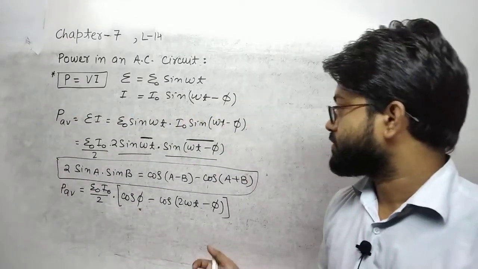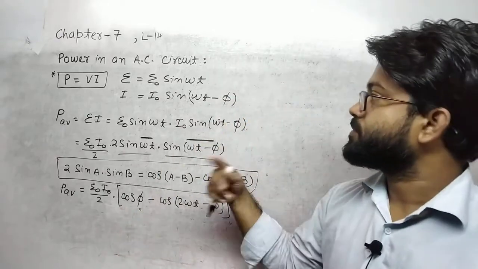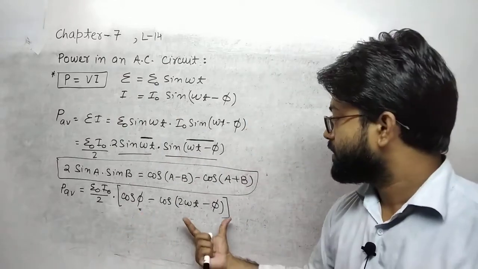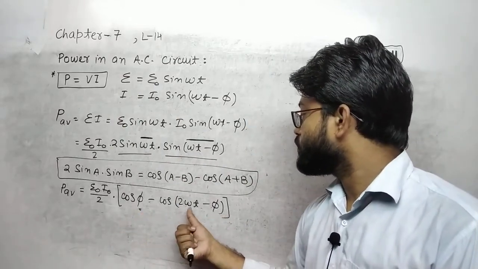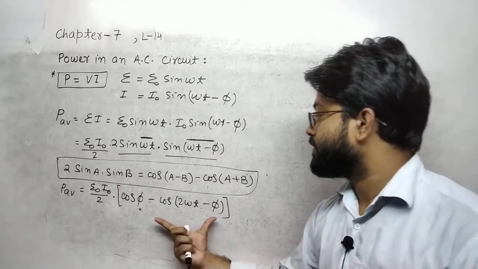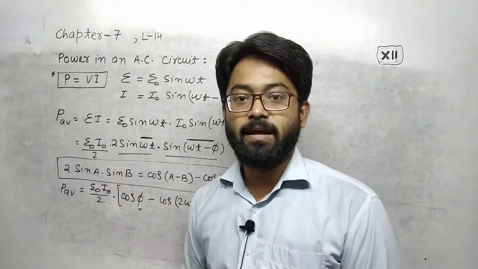That means it is constant. If the phase difference between I and V is constant, then cos phi is constant. But this cos (2 omega t minus phi) is time dependent. That means its value will vary, somewhere positive and somewhere negative.